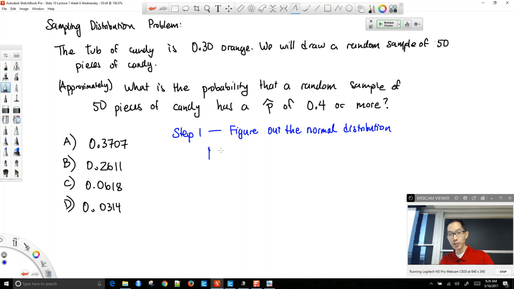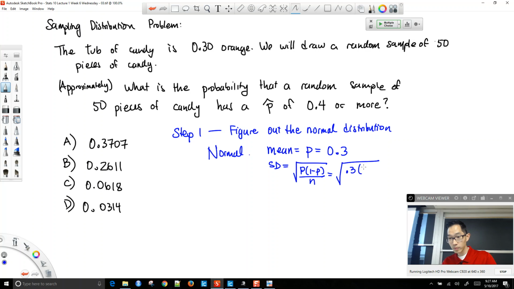So you've got normal, and we know that the mean is going to be equal to p, which in our case was 0.3, and we know that the standard deviation is the square root of p times 1 minus p divided by n: the square root of 0.3 times 1 minus 0.3 divided by 50.